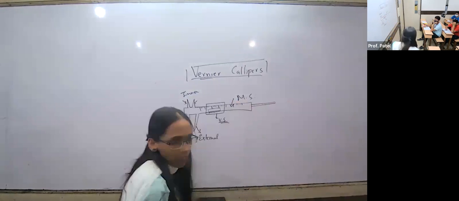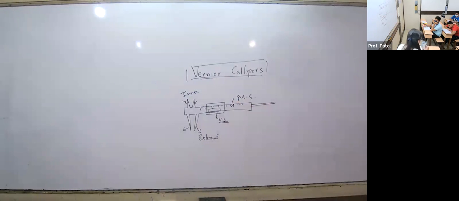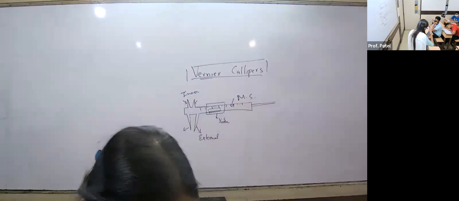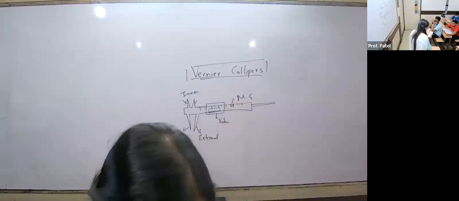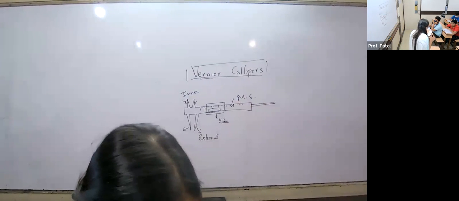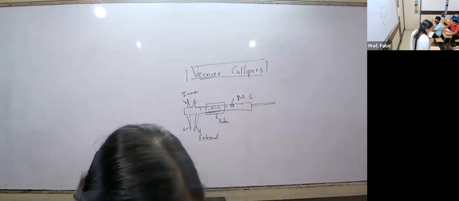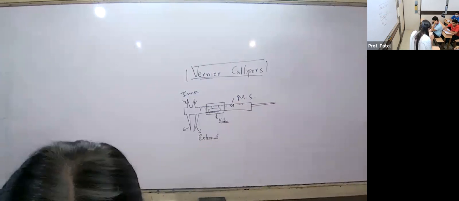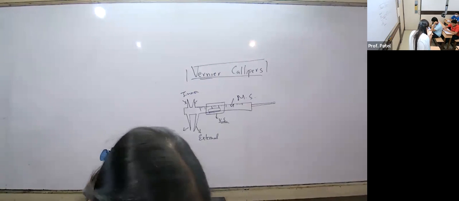I know my diagram is not clear. I will try to see if I can show you with an image of the vernier caliper, if there's an image. It won't take much time.